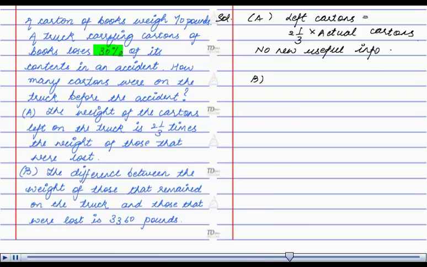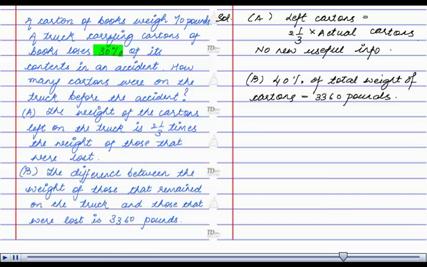From statement B, we have 40% of the total weight of cartons as 3360 pounds.